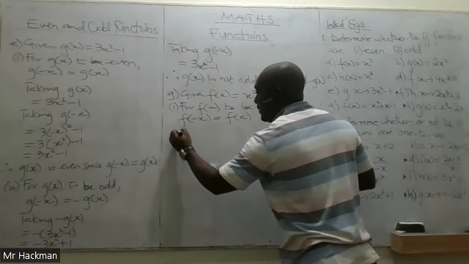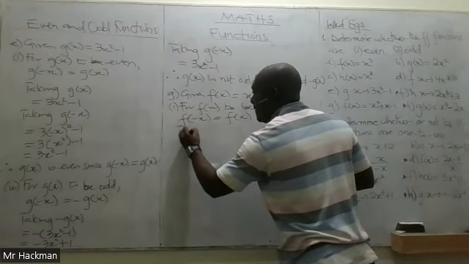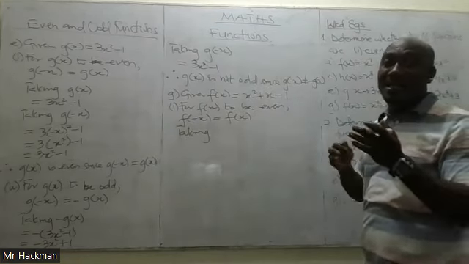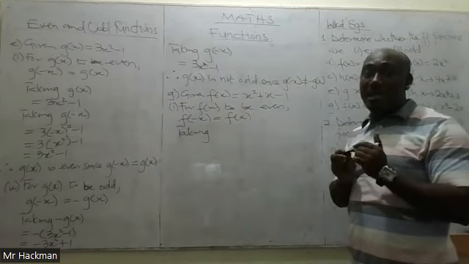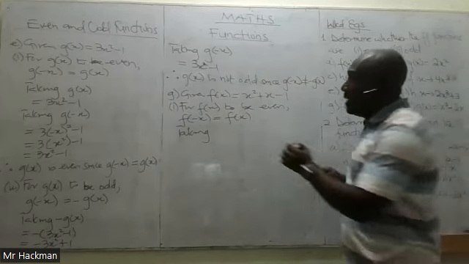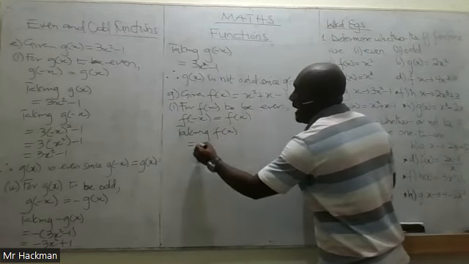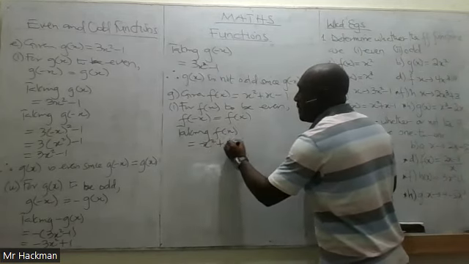I will take this side first, though it doesn't really matter. I always want to work with the one that involves little or no input. So taking f of x, I know that is equal to x squared plus x minus 1.